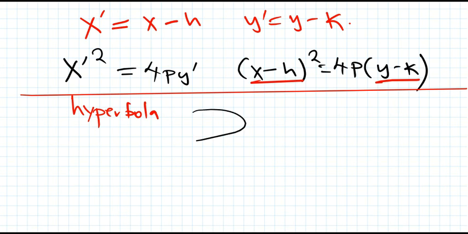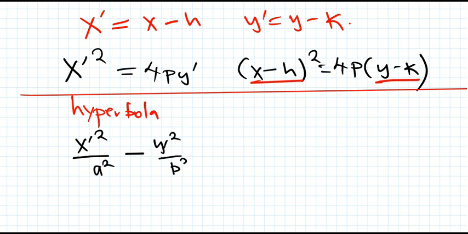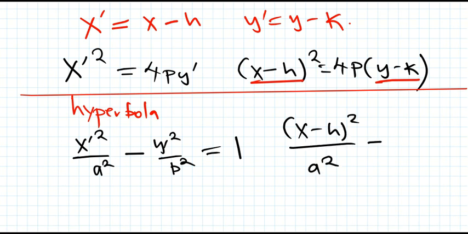You can have x′²/a², and here we look at the difference, minus y′²/b², equal to 1. So the full form is now (x − h)²/a² − (y − k)²/b² = 1.